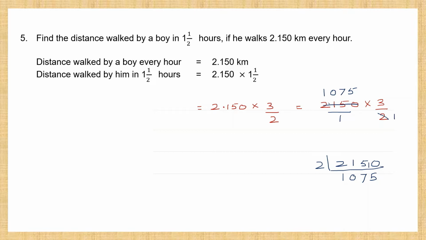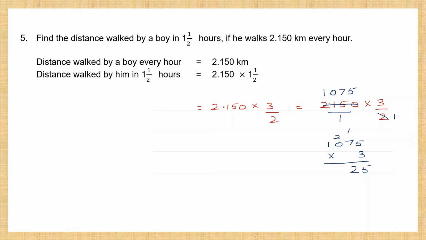Now I multiply my numerators. So I can multiply 1075 by 3. Let's do that. 1075, multiply it by 3. 3 fives are 15. Carry 1. 3 sevens are 21 plus 1, 22.